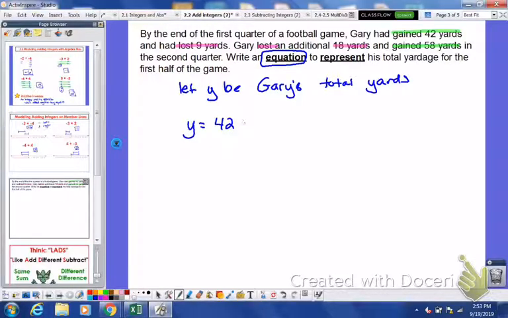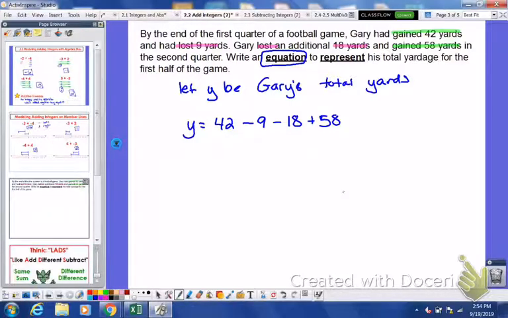Then he lost 9, so minus 9 or plus a negative. Then he lost an additional, again, that's a negative. And then finally gained 58, so plus 58. Now it asked you to write the equation to represent his total yardage. It did not ask you to solve it. So we're just going to leave it at that.